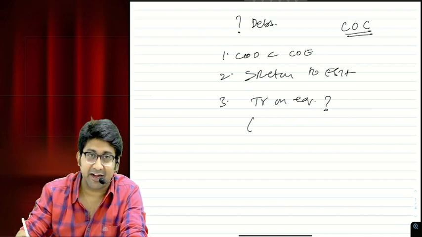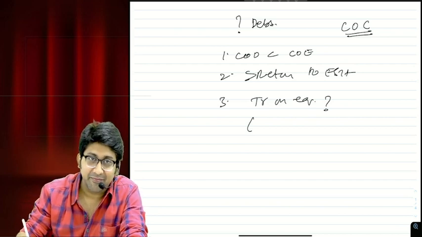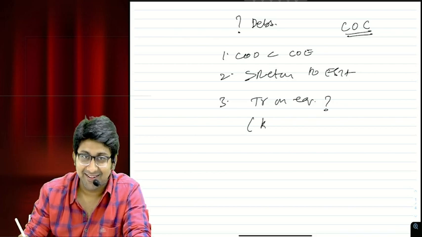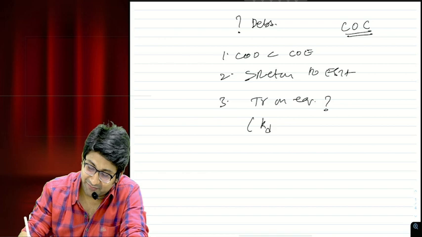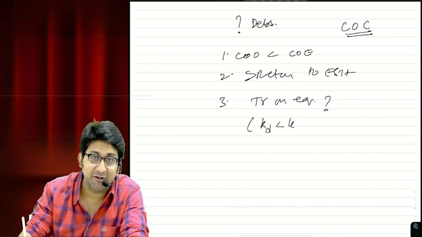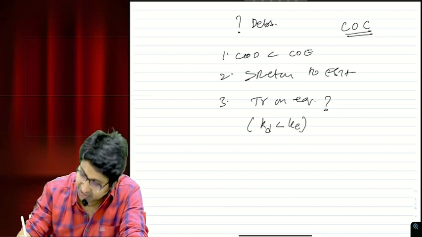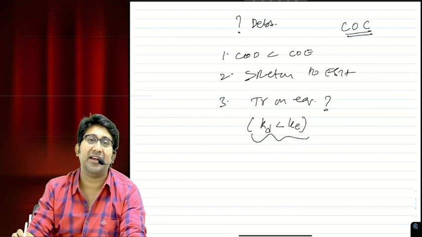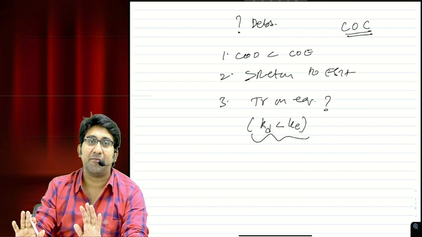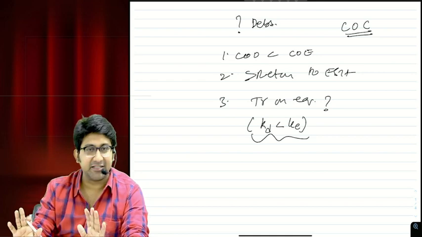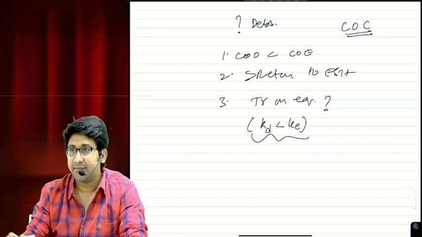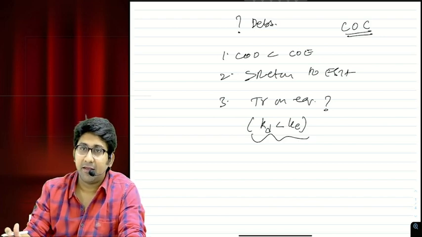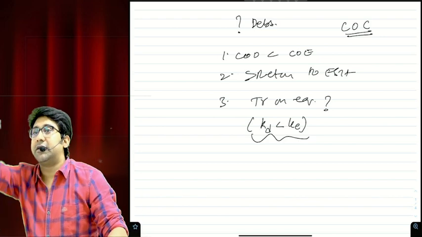Okay, you tell me, I will write. I will tell what you said. When cost of debt is less than cost of equity, companies will go. This will be always true, do you know or not? KE can never be lesser than KD. Then they need not stay in the company. So obviously this is true, always.